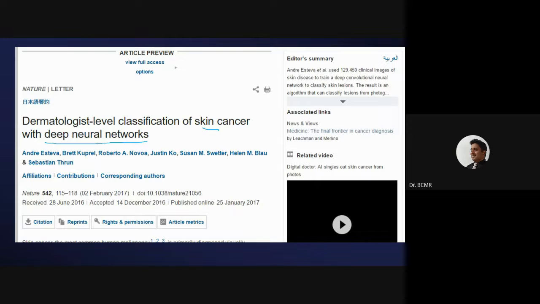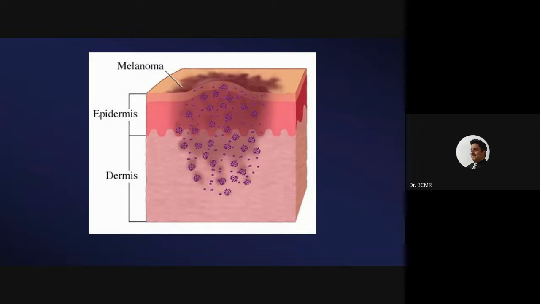It has performed very well in comparison to human doctors. That's a good thing.